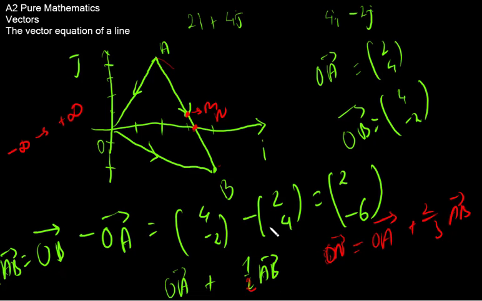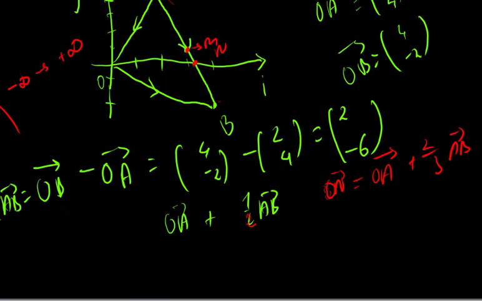And that shows us that the equation of the line AB can be written as OA plus a constant times AB.